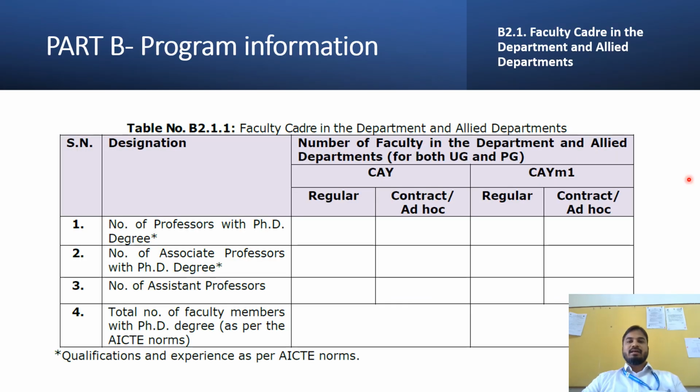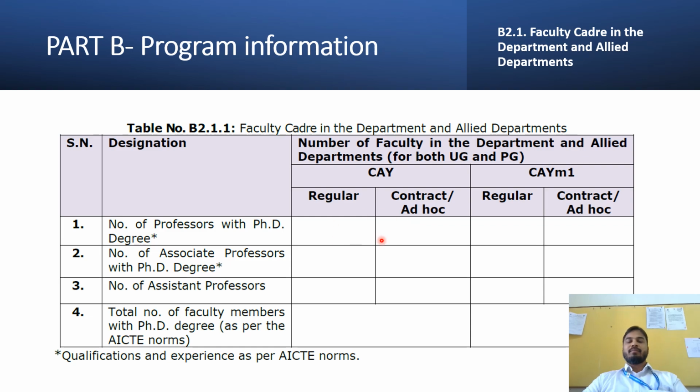Once that is done, we have another table under part B where we will be considering the faculty cadre in the departments in alignment with allied departments as well. Here the number of professors with PhD degree, regular and contractual or ad hoc, for the department that is applying for accreditation along with the allied department.